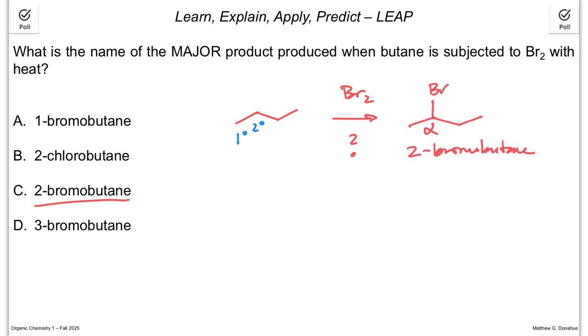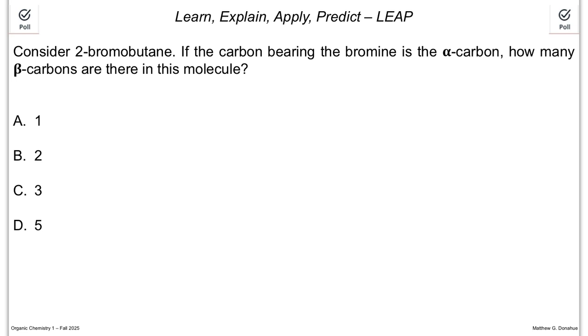And so we're going to call that the alpha carbon. So with 2-bromobutane and the carbon bearing the bromine as the alpha, how many beta carbons are in the molecule?